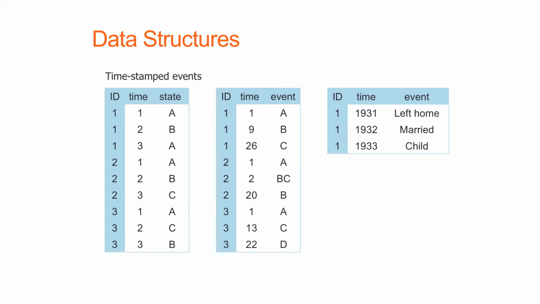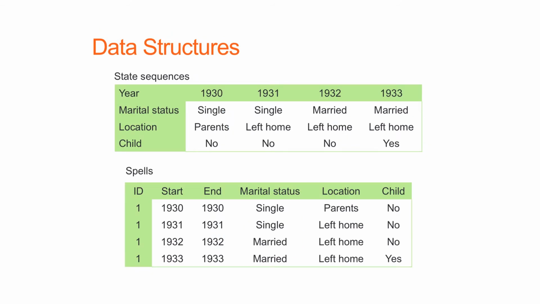Okay. So here's another kind of data structure, and this is state sequences. So if we just look at the first line here with marital status, this would be considered one sequence, ranging from 1930 to 1933 for one person who was single in 1930 and 31, and then married in 32 and 33.